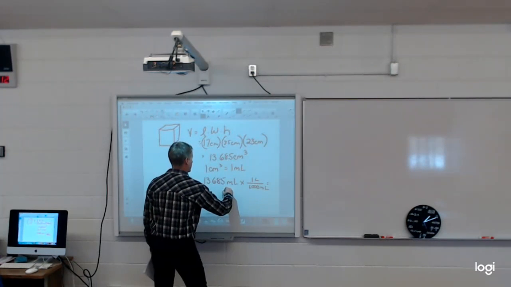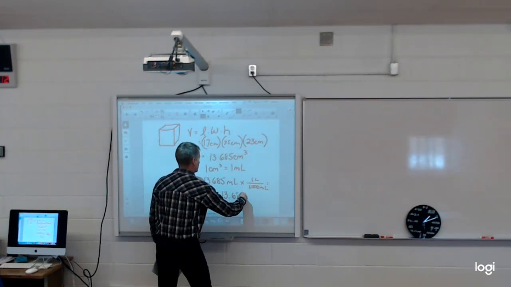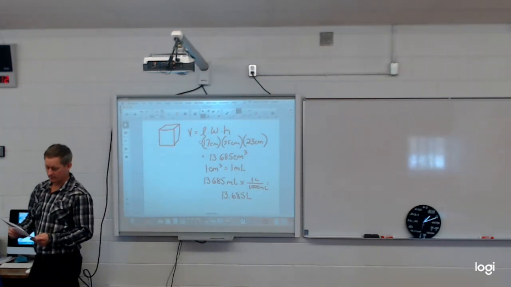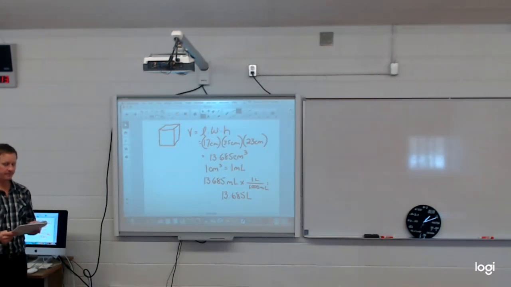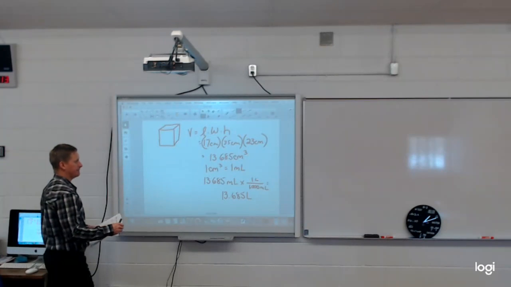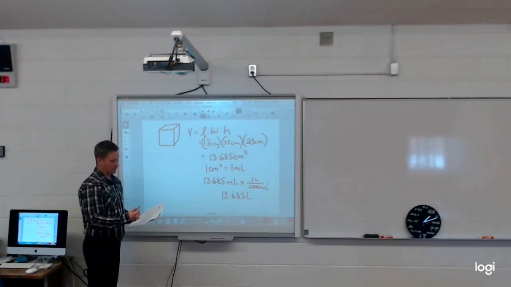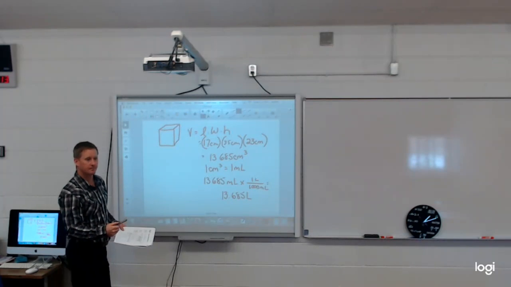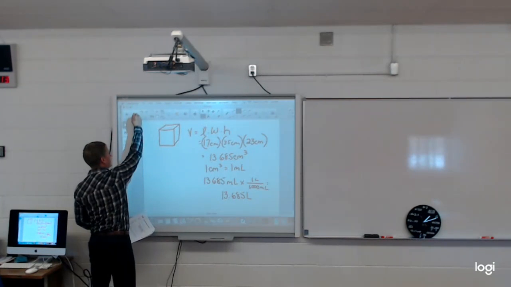So that's going to give me a 13.685 liter tank. Okay, so far? All right? It's going to get a little more complicated because the next one is we're going to convert different systems. So that's next.